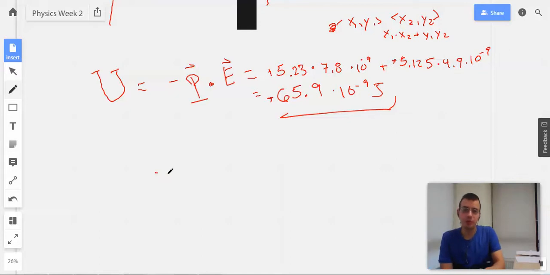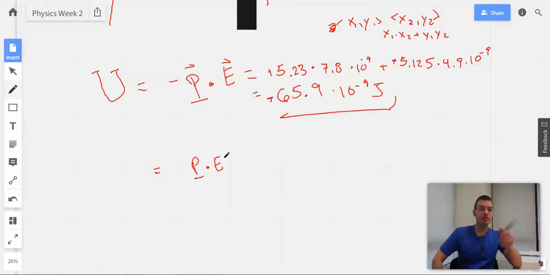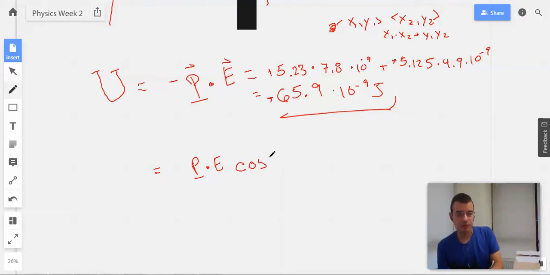All right, so the other way to find the magnitude of a dot product would be the electric dipole times the electric field times, is it cosine? It's cosine. Because sine should be for the cross product, but it's not, it's a trap. So cosine is for the dot product.